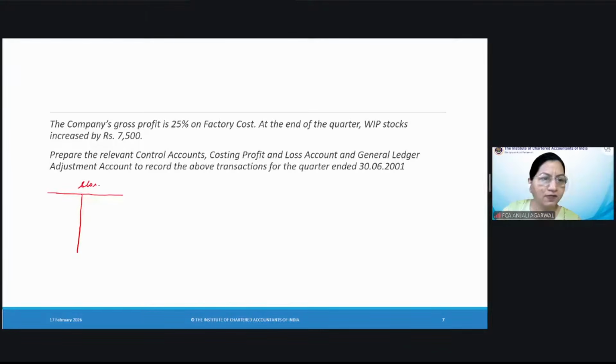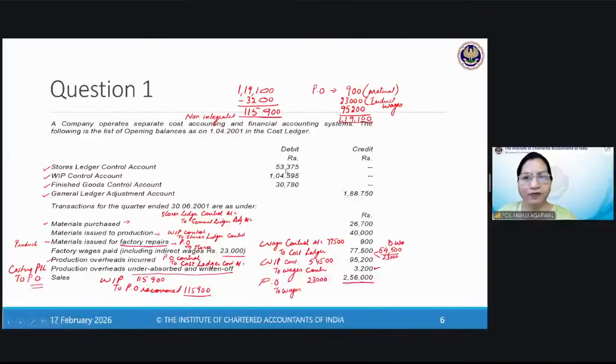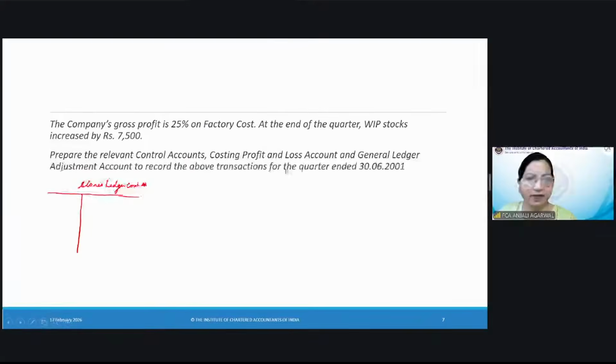So you have the stores ledger control account, which has an opening balance of 53,375.